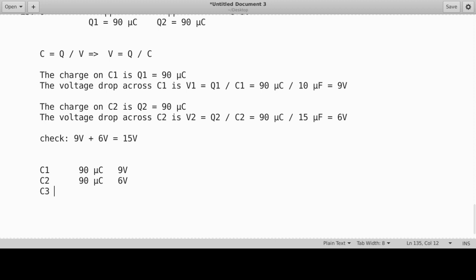And then for C3 we had 300 microcoulombs. We'll just move that over a bit. This looks awful, let me put some spaces in there. And it was 15 volts across that. Okay, there we go. We've answered the question.